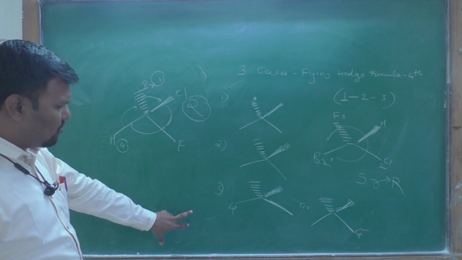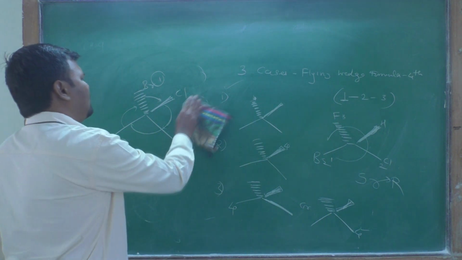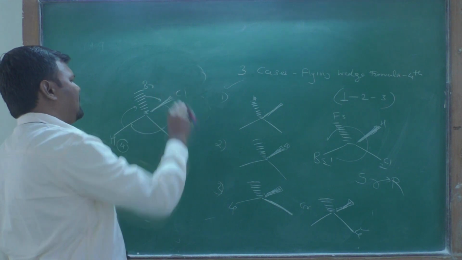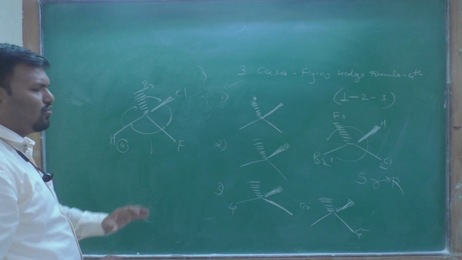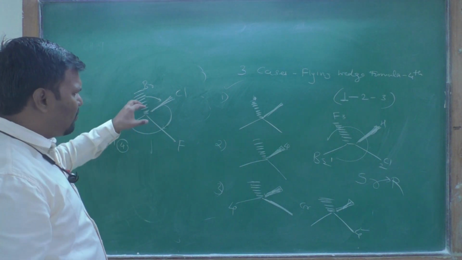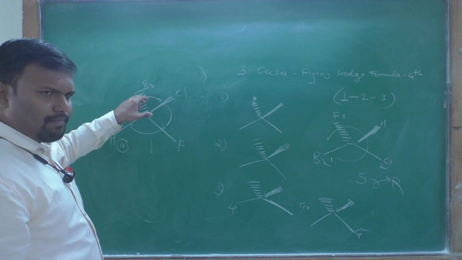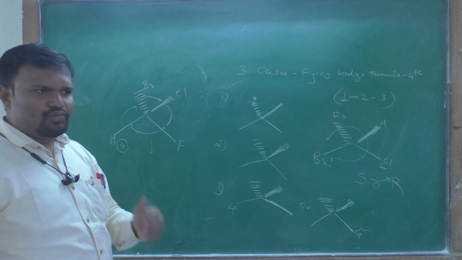Okay, we already performed this configuration. The second method, we can try to find out its configuration. Instead of rotating any three groups, you can exchange any two groups or atoms.